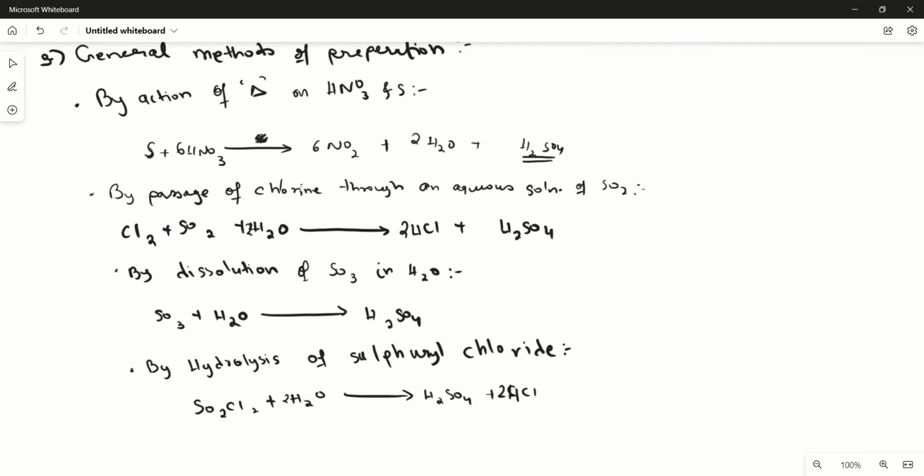Then the passage of chlorine through an aqueous solution of sulfur dioxide, Cl2 plus SO2 plus 2H2O gives 2HCl plus H2SO4. Then the dissolution of SO3 in water, SO3 plus H2O gives H2SO4. And then the hydrolysis of sulfuryl chloride, SO2Cl2 plus 2H2O gives H2SO4 plus 2HCl. Great.